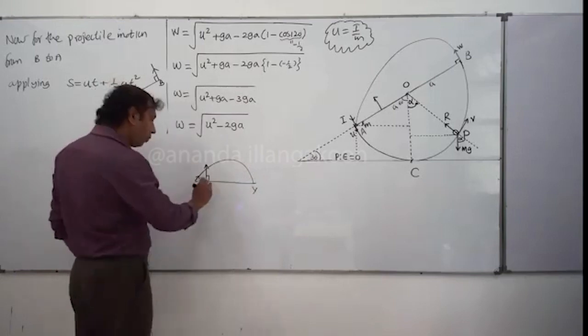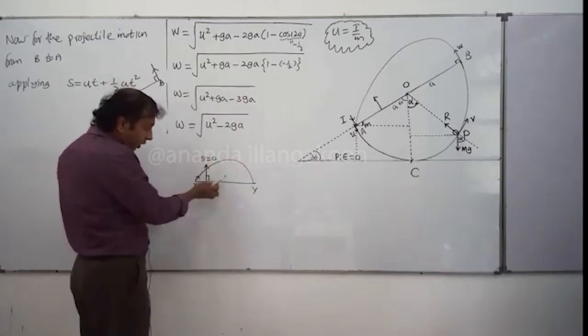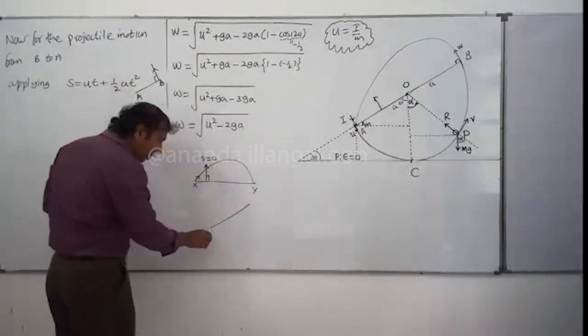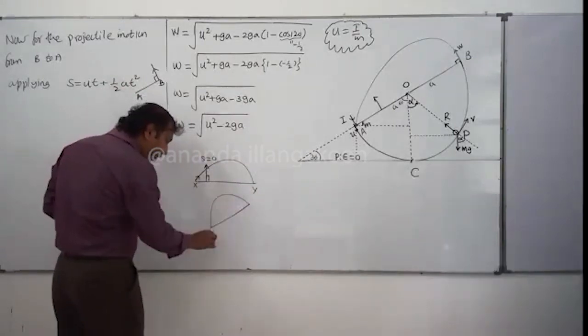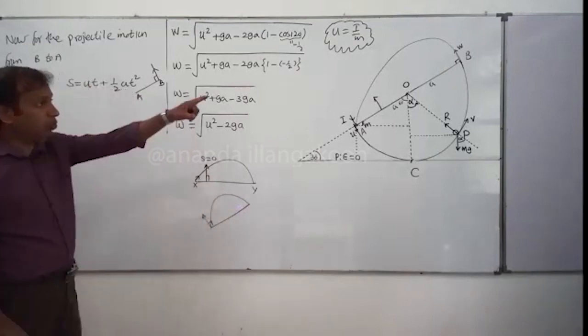No displacement perpendicular to the ground. Now take this horizontal plane and incline it like this. Once you incline that, still perpendicular to the plane, no displacement. That argument only we use here.